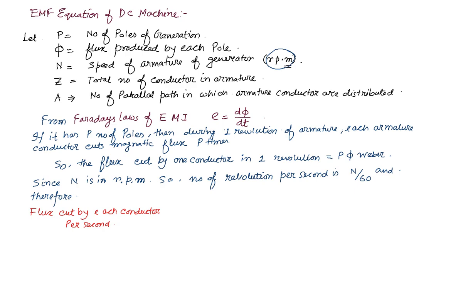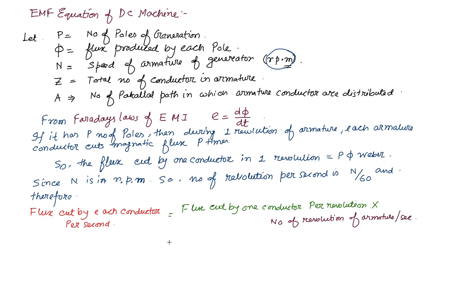We can write it as the flux cut by one conductor per revolution, that is P into phi, into the number of revolutions of the armature per second.